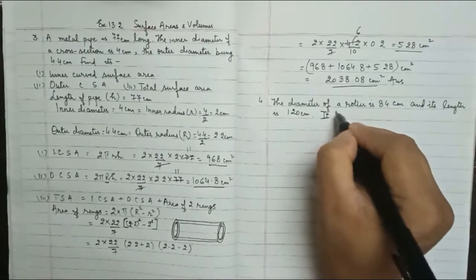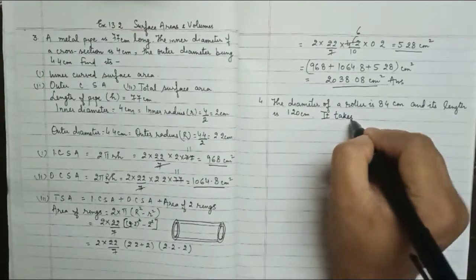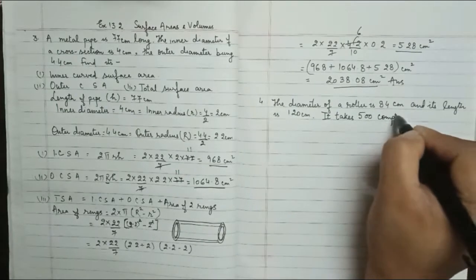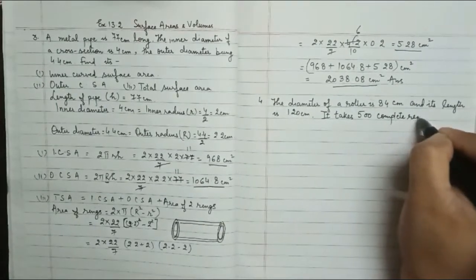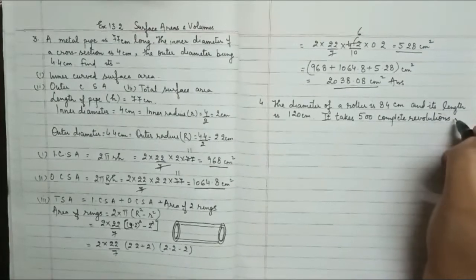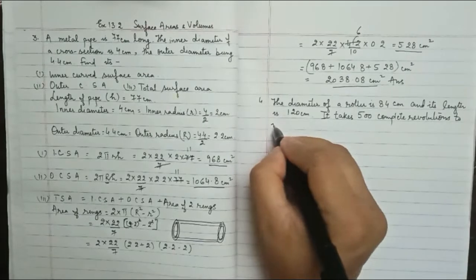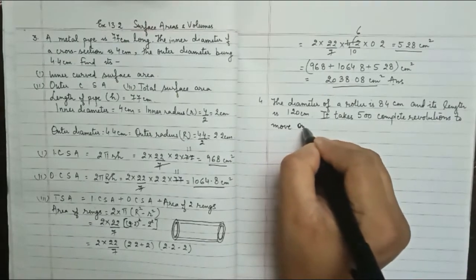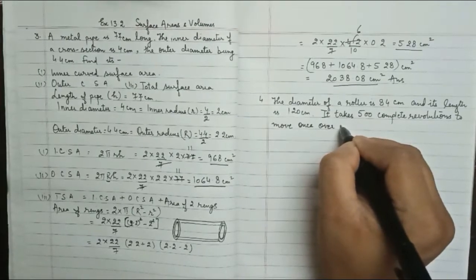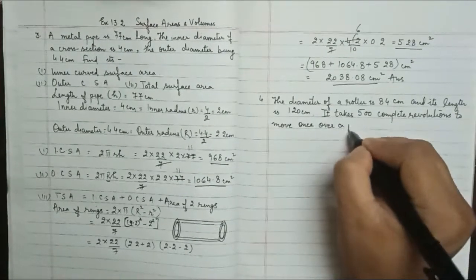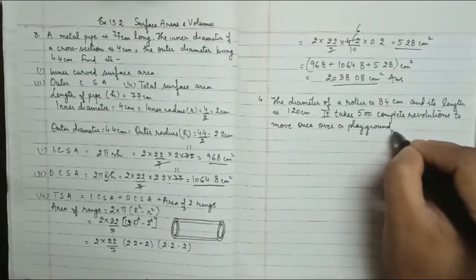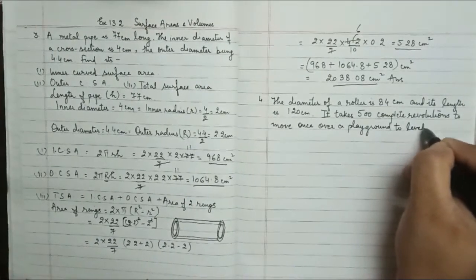It takes 500 complete revolutions to move once over a playground to level it.